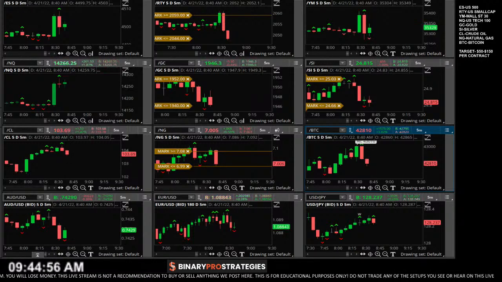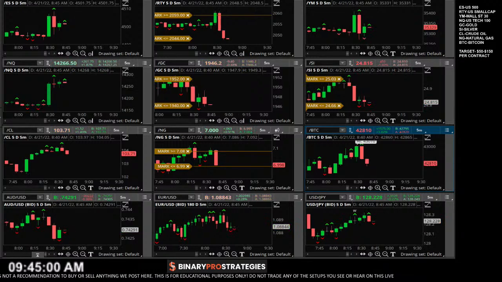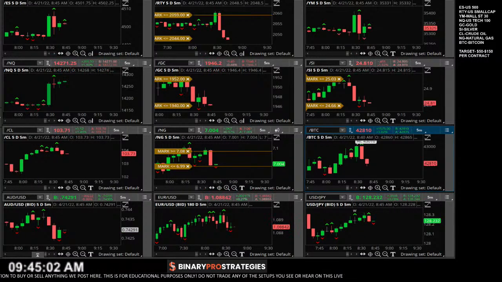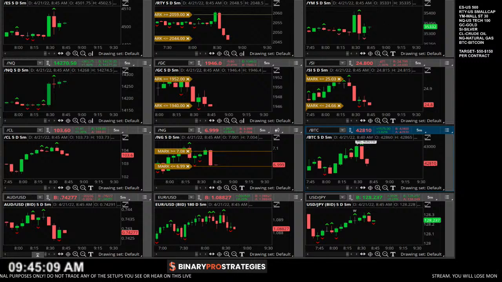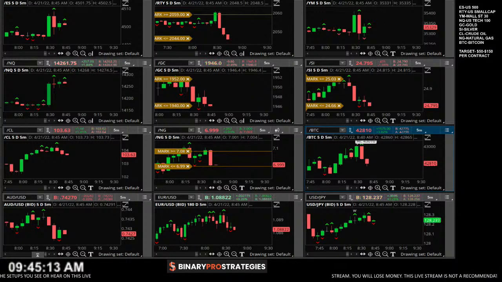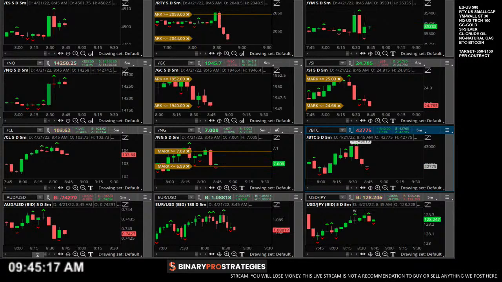Then it's going to be ES. Then it's going to be YM, which is your Wall Street 30. And then, of course, NQ, which is going to be your US Tech. So RTY and ES, my two favorites. Always taking those RTY trades. RTY getting close to target of 44.